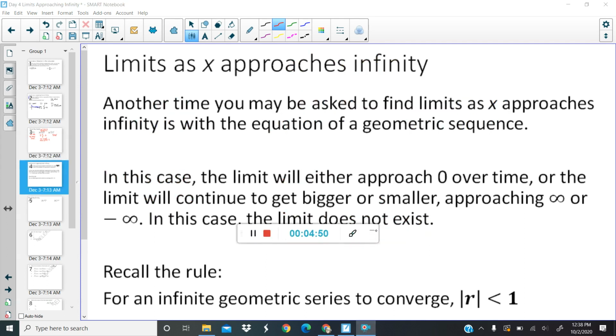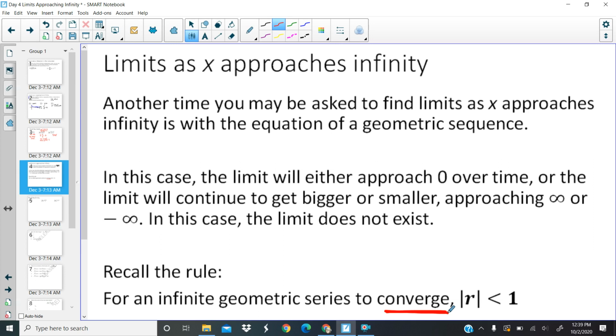Then there's the other scenario where you're asked to find the limit as x approaches infinity, and that is when we have a geometric sequence. Whenever you have a geometric sequence, for one, it's going to have to converge for the limit to exist. That means the common ratio has to be less than 1 and greater than -1, so it has to be between -1 and 1.